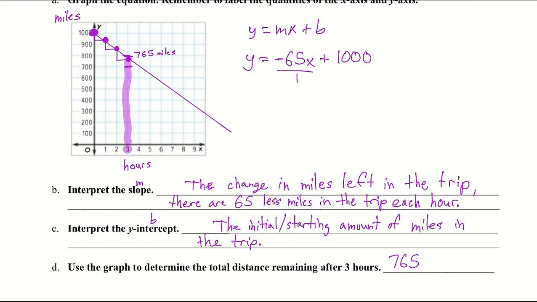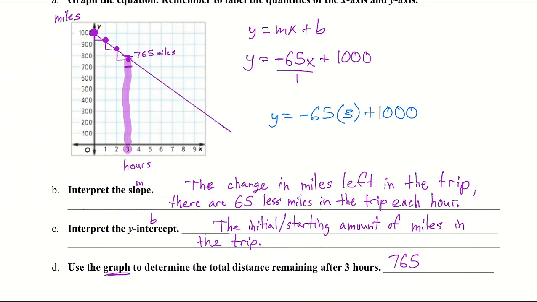I will also say, it does say use the graph, right? You can also use the equation. Even if the directions tomorrow say you can't, or you have to use a graph, you can use the equation and substitute in how many miles should be left after 3 hours. So if I take negative 63 times 3, I get that number, add 1,000 to it.